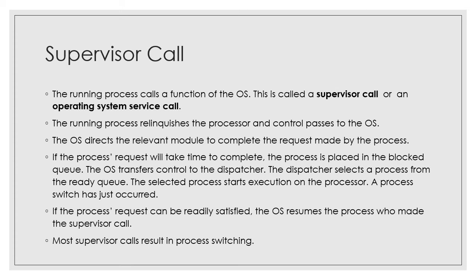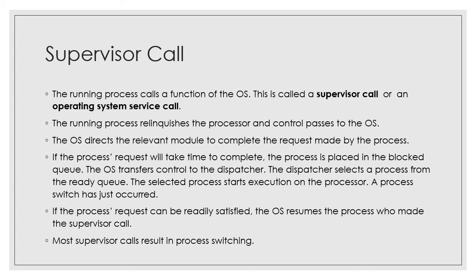The running process calls a function of the operating system. This is called a supervisor call or an operating system service call. For example, the running process requires a file to be brought into RAM from secondary storage. This is an IO transfer, and the running process is making an IO request.